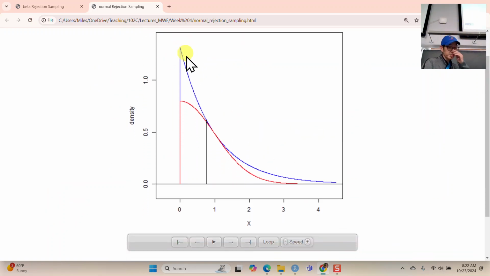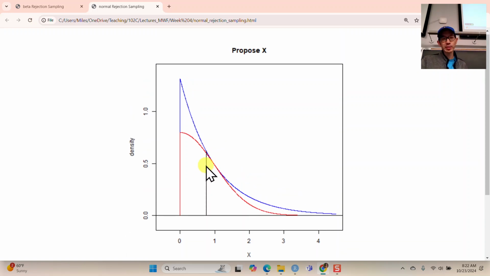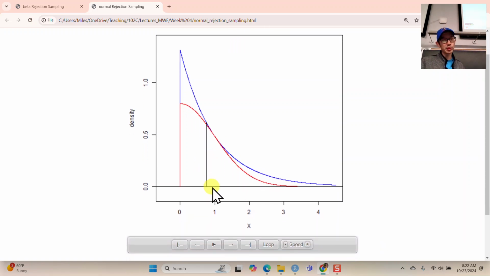Here's the exponential distribution shown in blue. It's a little bit difficult to illustrate, but the black line is values that are going to be proposed by the exponential distribution. As you watch, you'll see that values closer to 0, between 0 and 1, show up more frequently.